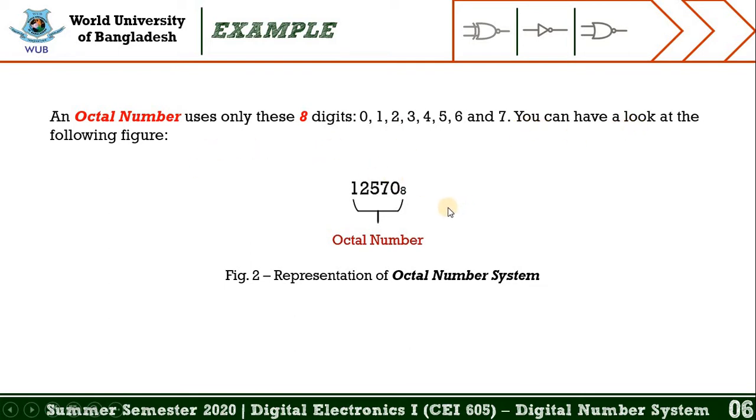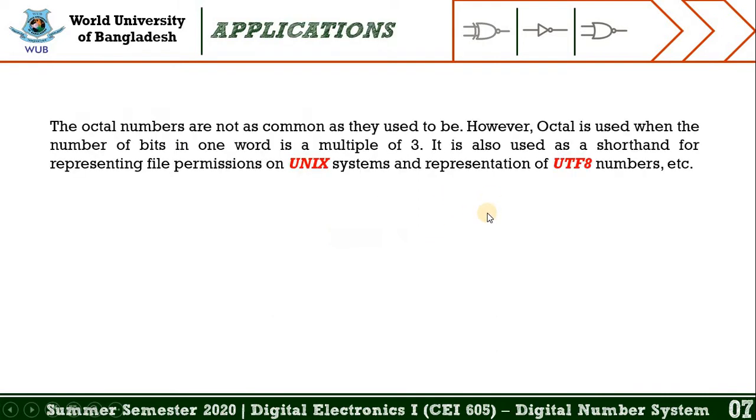If you look at this figure, you can notice that in this number, there are only 5 digits, such as 1, 2, 5, 7, 0, and here the 8 represents the base of this number. Since this number represents an octal number, that's why we use 8 as a base. So let's move into the next slide.